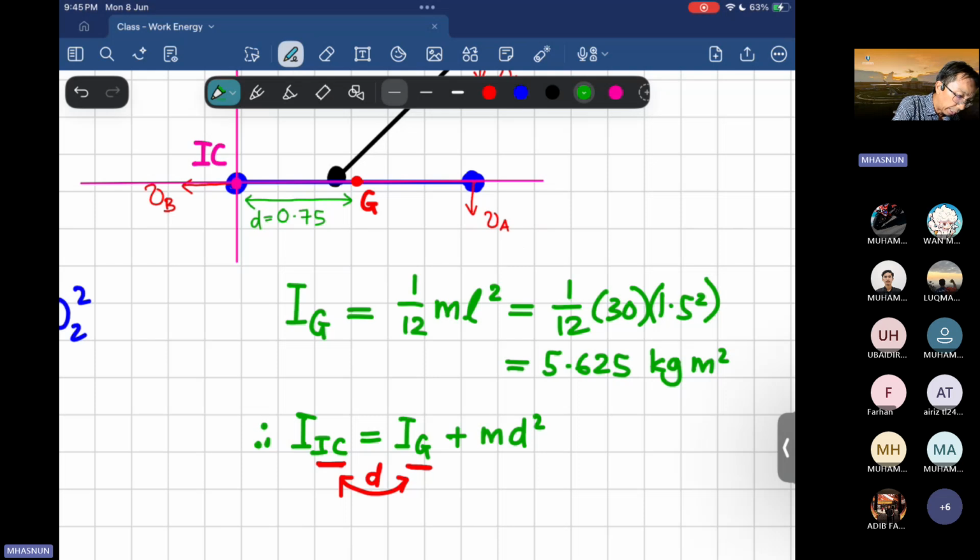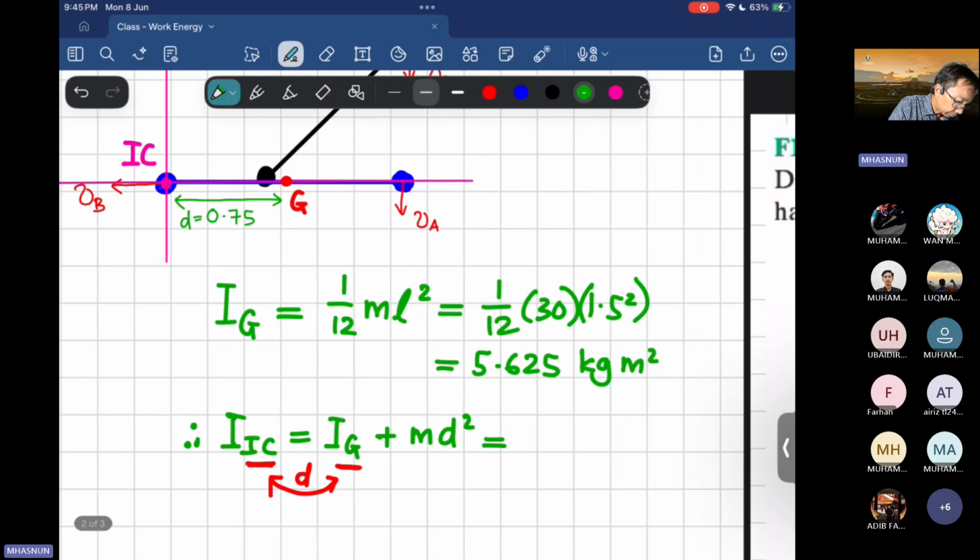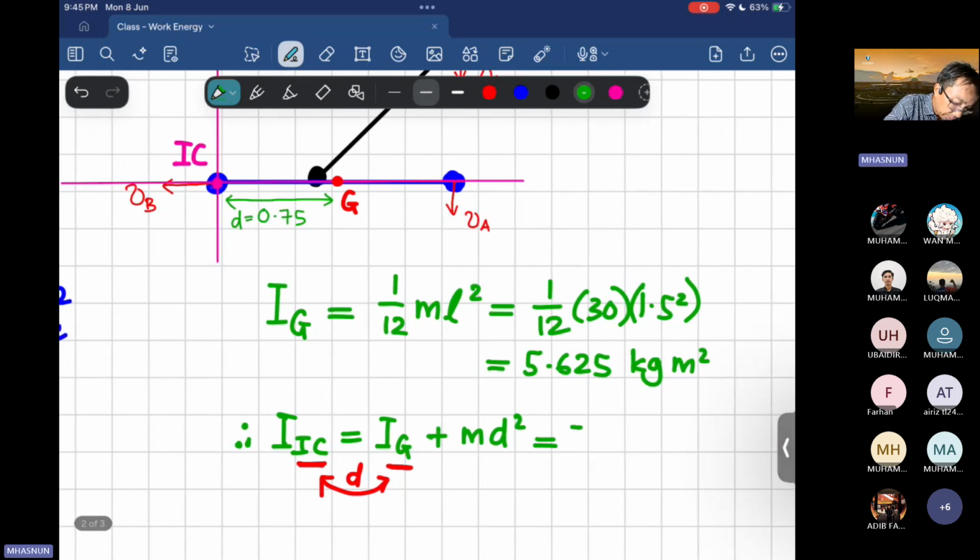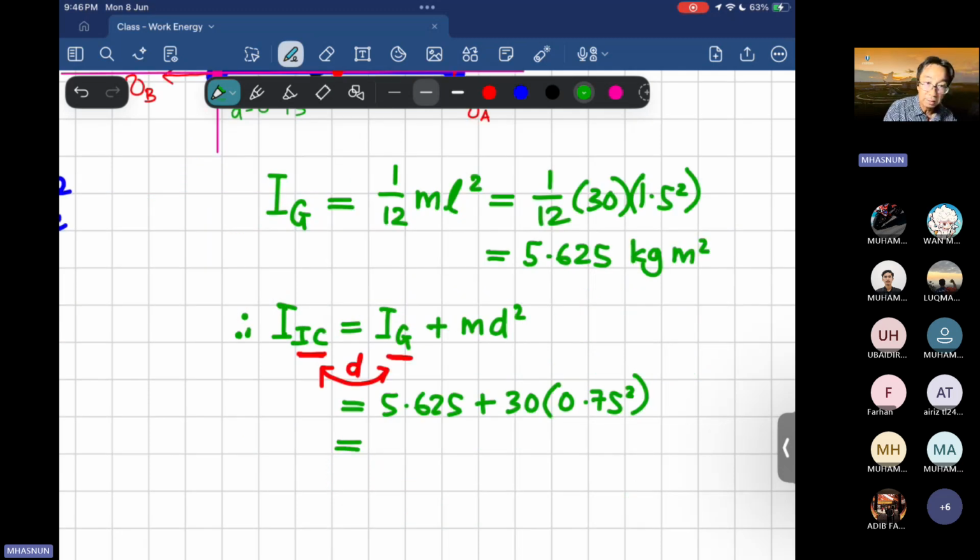Okay. So we can then substitute in here. I_G is 5.625. Tak muat. Saya tulis kat bawah. Okay, is equal to 5.625 plus 30 times 0.75 square. All right, so therefore you will get I_IC is equal to 22.5 kg meter square.